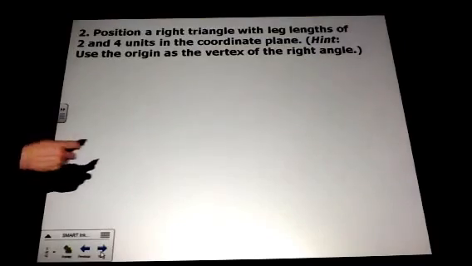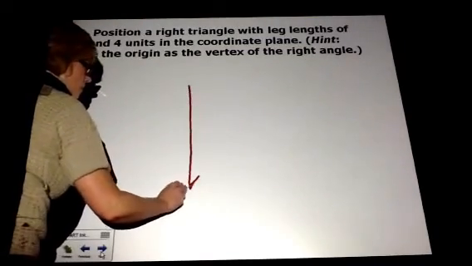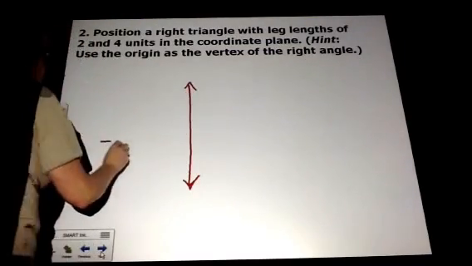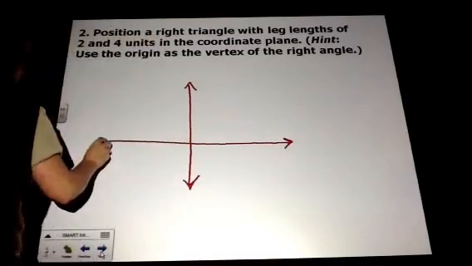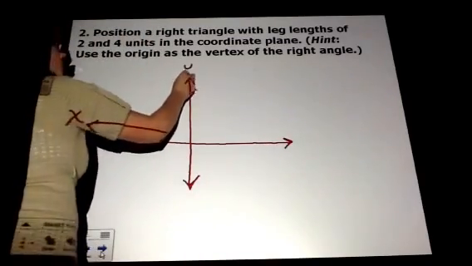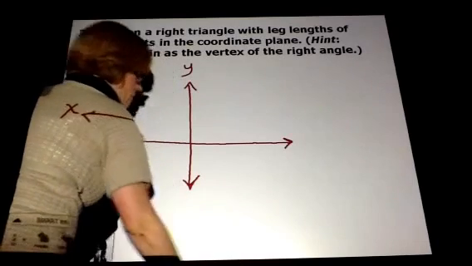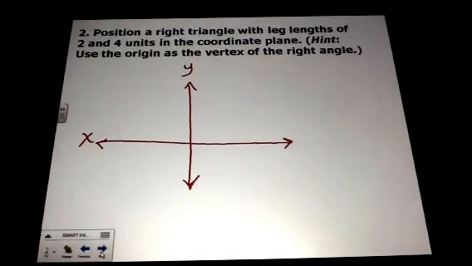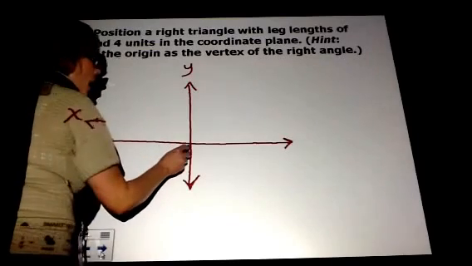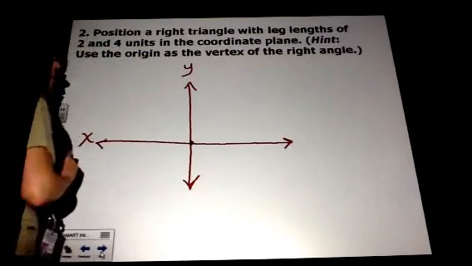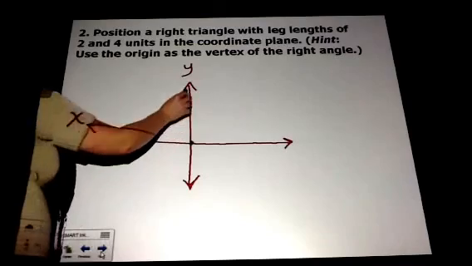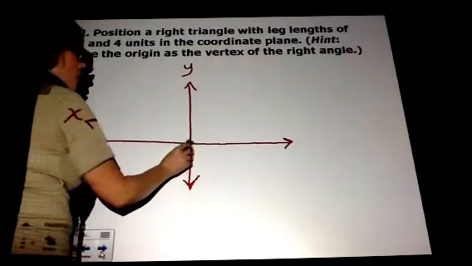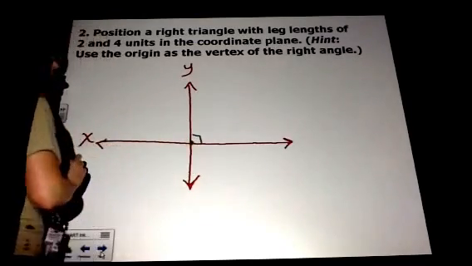Now we're going to position a right triangle. All right, let's see. We've got leg lengths of 2 and 4 units. You always want to put the vertex of the right angle at the origin, because anytime you have a vertical and horizontal line, that creates a right angle.